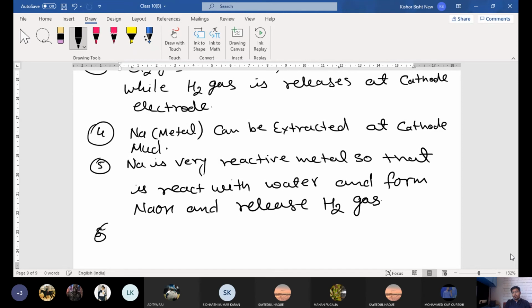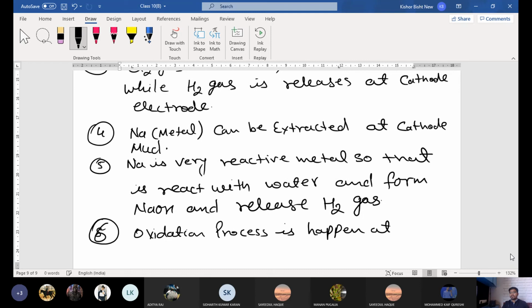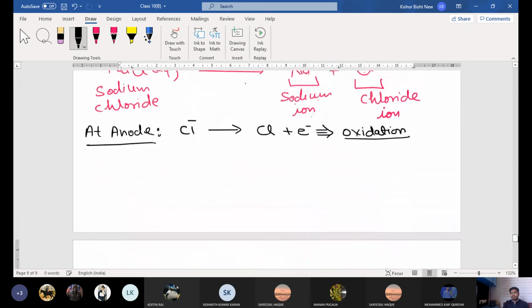Sixth point: the oxidation process happens at, you see, where is oxidation?